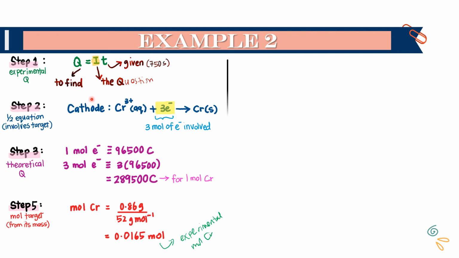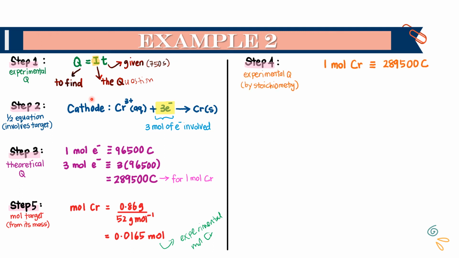Okay, so that's why kita patah balik pergi kepada step 4. Okay, kalau awak tengok calculation step 4, kita buat apa? Kita buat stoichiometry antara mole of chromium with the charge. Cuma kita adjust sikit lah dekat sini. Apa yang kita akan buat? The stoichiometry is, okay, 1 mole of chromium equals to, ataupun akan gunakan 289,500 coulomb of charge. Saya ubah kedudukan dia saja.